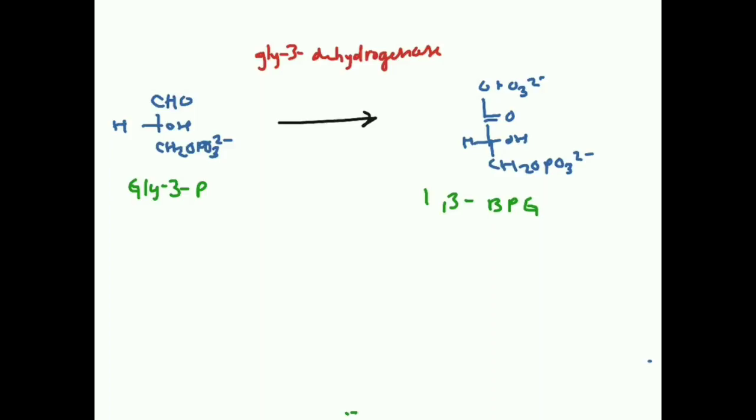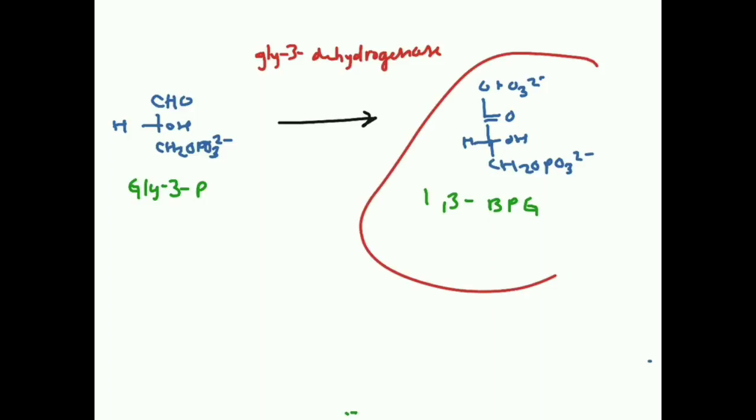Again, the reaction of an enzyme sulfhydryl with the carbonyl carbon of glyceraldehyde 3-phosphate forms a thiohemiacetal, which loses a hydride to the NAD plus to become a thioester. Phosphorolysis of this thioester releases 1,3-bisphosphoglycerate. So it releases this in this reaction. And that's how you get that.